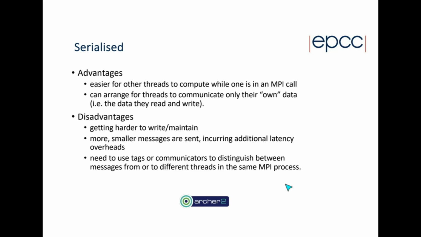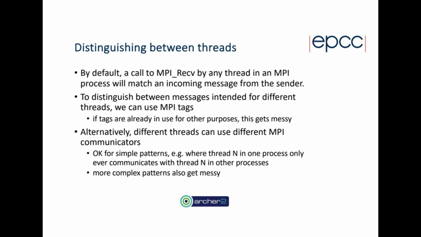Okay. So yeah, this is a bit ugly, because MPI doesn't know anything about threads. So a call to MPI receive by any thread in an MPI process is going to match an incoming message from the sender.